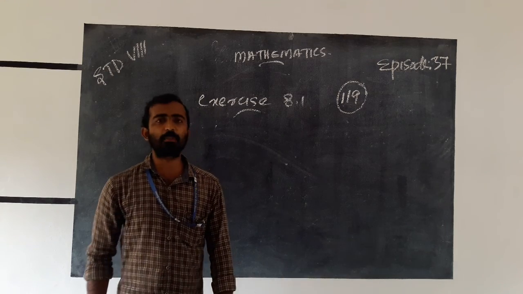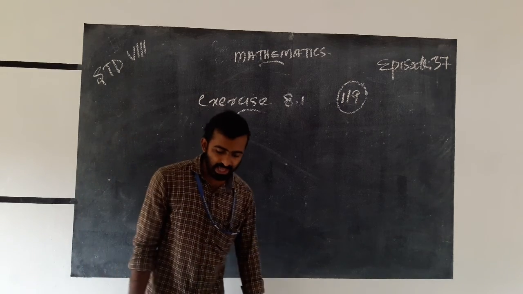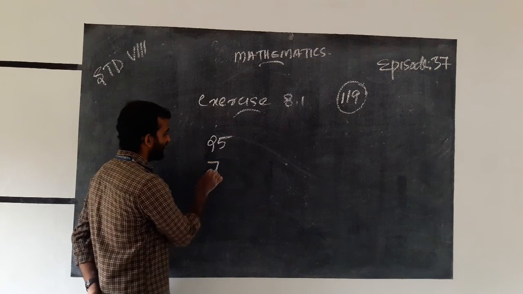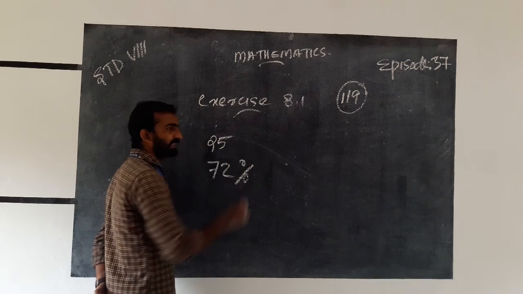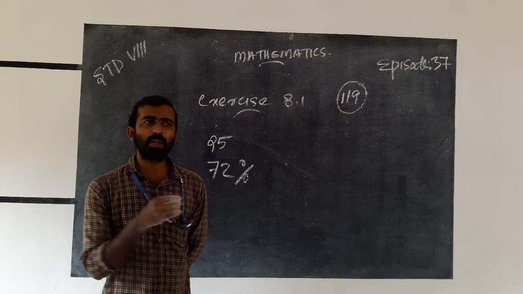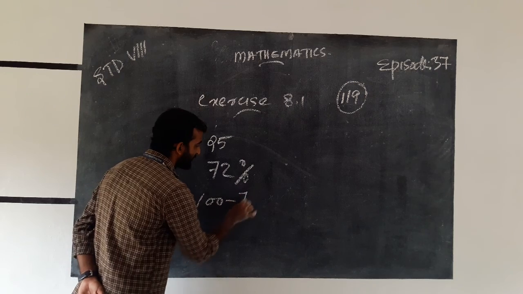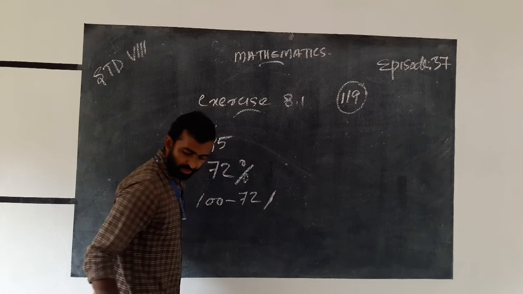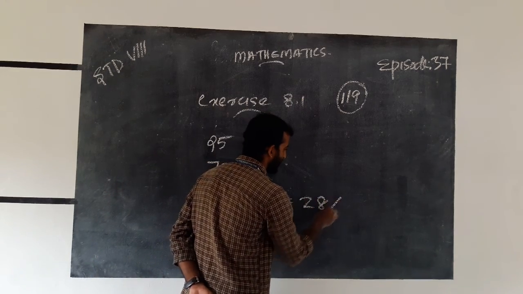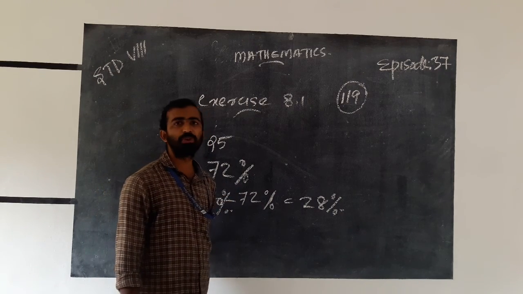The first method: the total number of students is 25. 72 percentage of students are interested to study mathematics. How many percentage of students are not interested? That is 100 minus 72 percentage. Yes, we get 28 percentage.